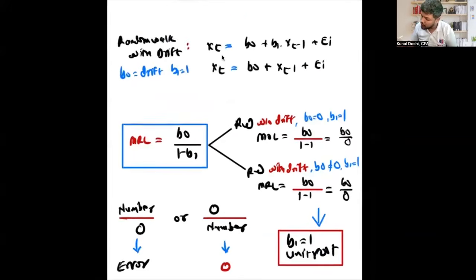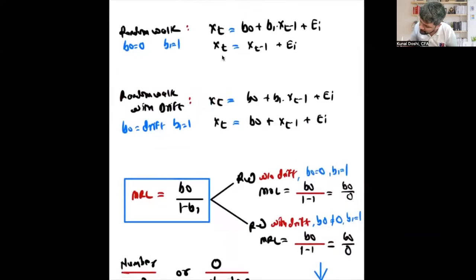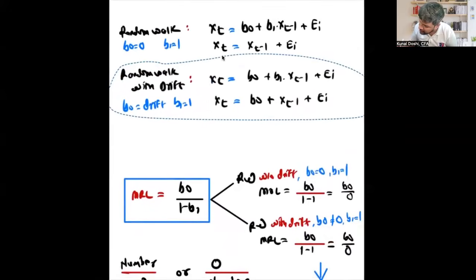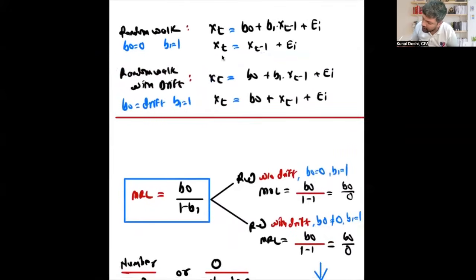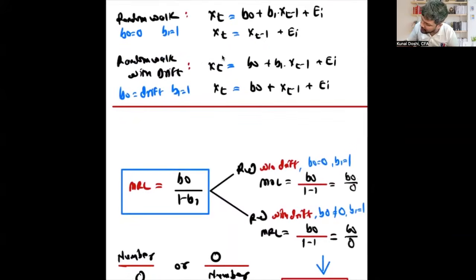Everyone in the class, whether I say random walk with or without drift, both do not meet the covariance stationary property. So both are not covariance stationary.